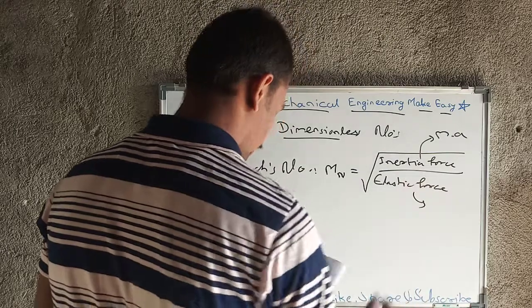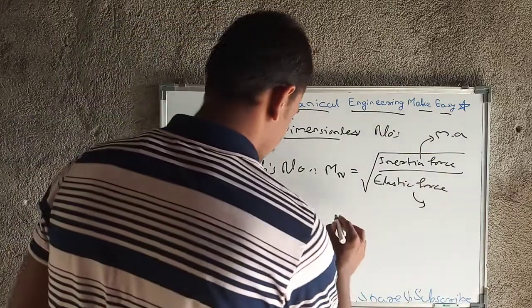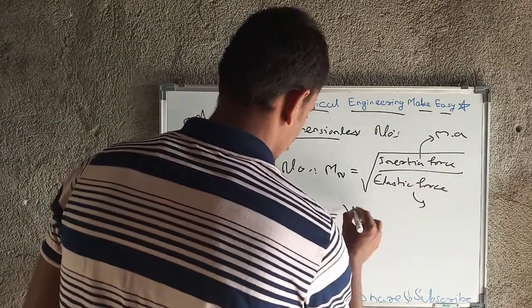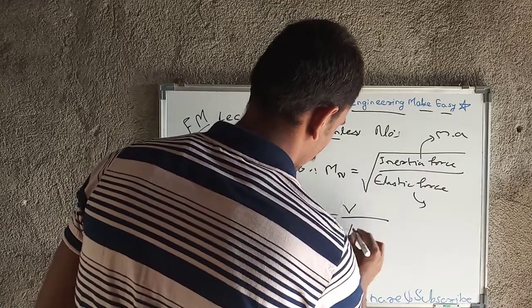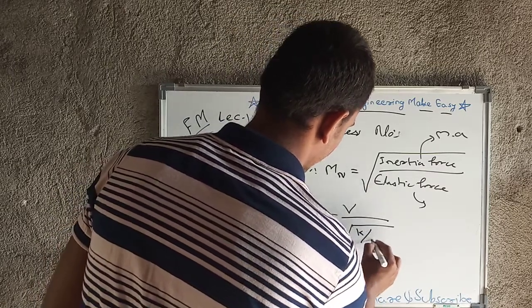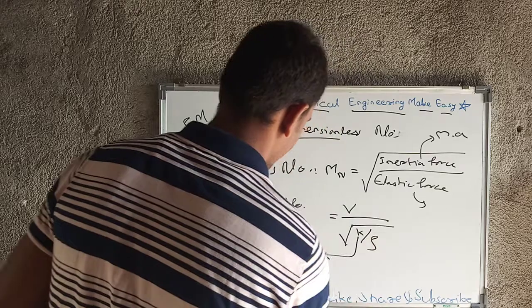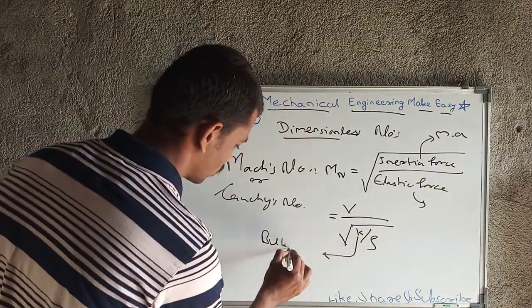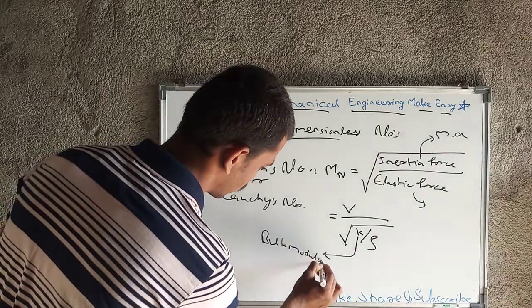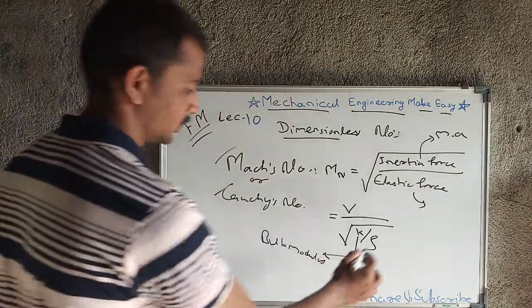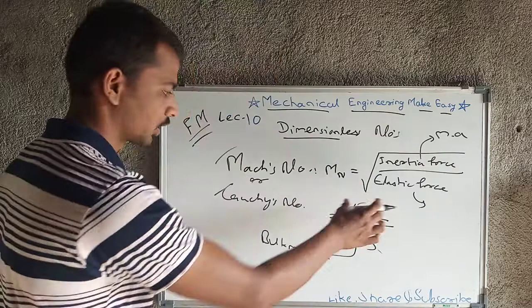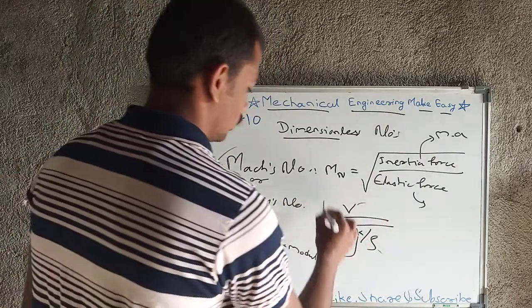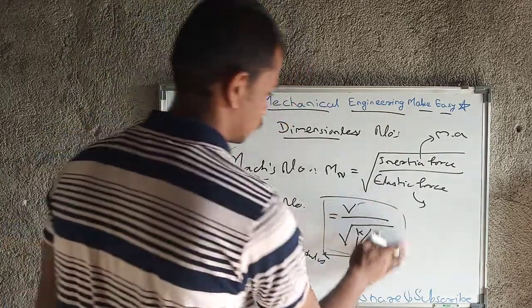The equation is the square root of inertia force upon elastic force, and the equation comes as V upon the square root of K by rho, where K is the bulk modulus of elasticity, rho is density, and V is velocity. This is the equation of Mach number.